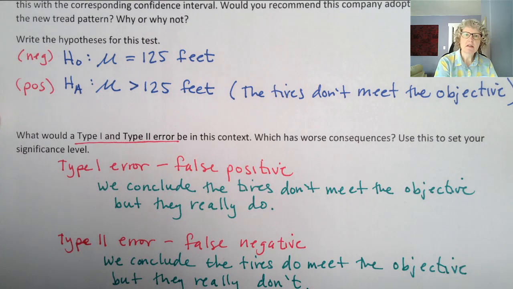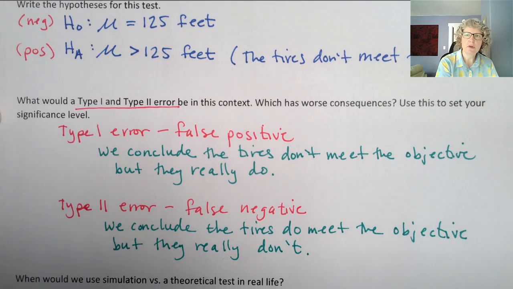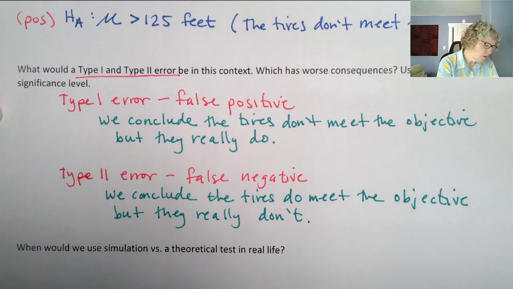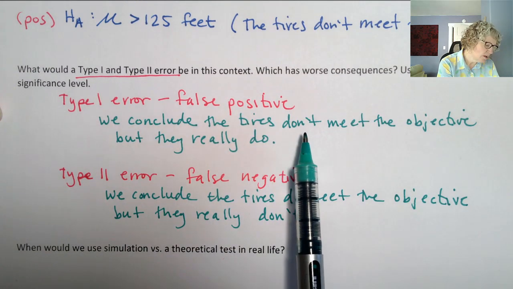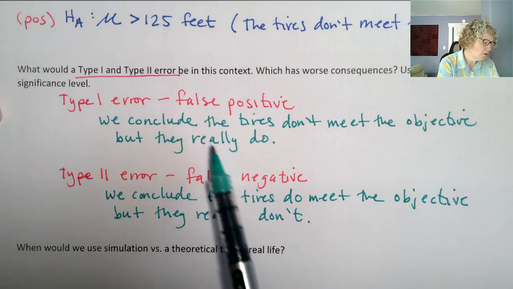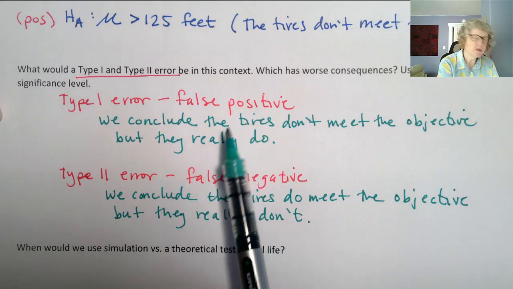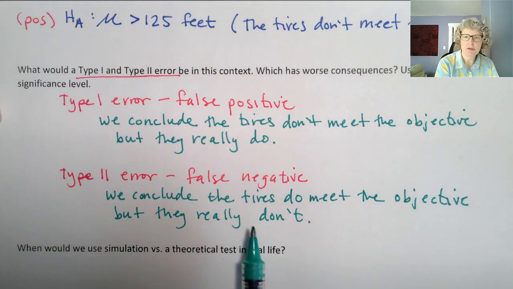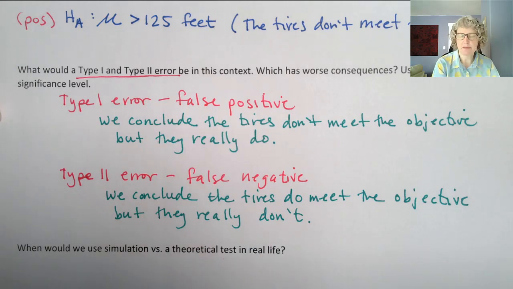Okay, so take a look at these two error types. Which one do you think is worse? We conclude the tires don't meet the objective, but they really do. So that could be a problem for the company where they don't use the tires that they really could have used. Or we conclude the tires do meet the objective, but they really don't. That is more of a safety issue, right? So then they might adopt these tires, but they really don't meet the braking distance.